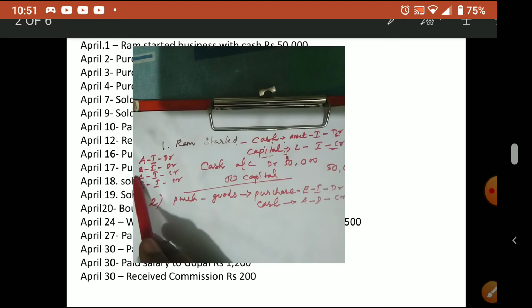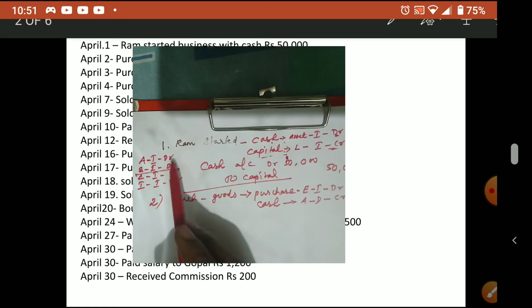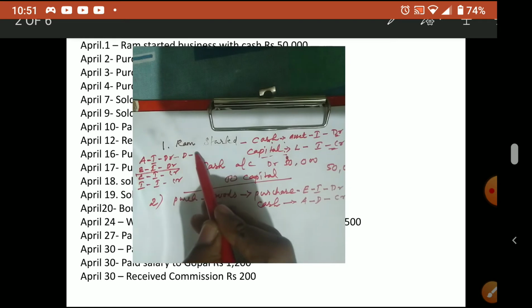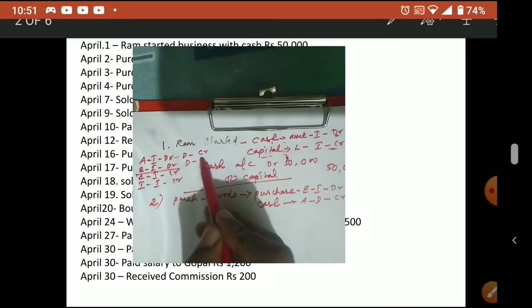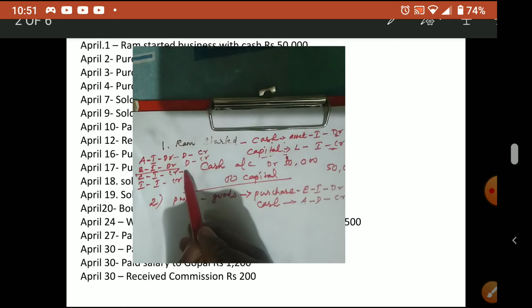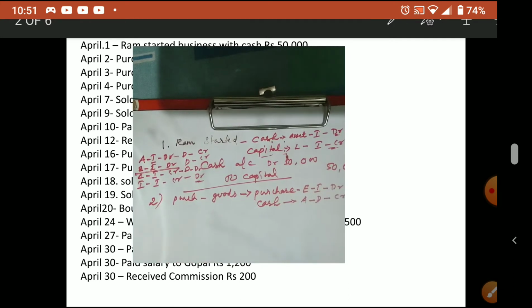The decrease will be opposite. Asset decrease means credit, expense decrease also credit. Liability decrease, debit. Income decrease, debit. These four rules you remember; you can check the previous class notes.